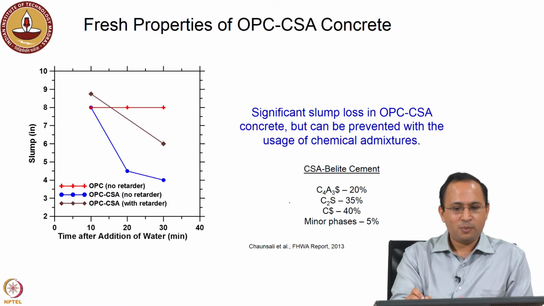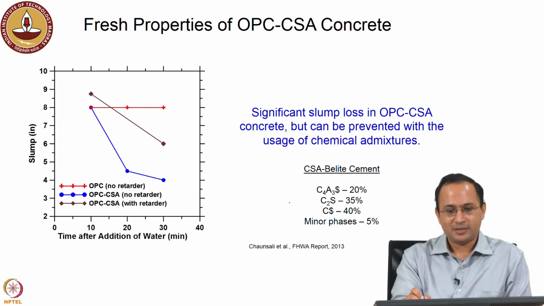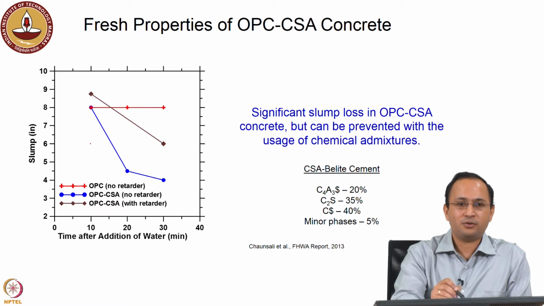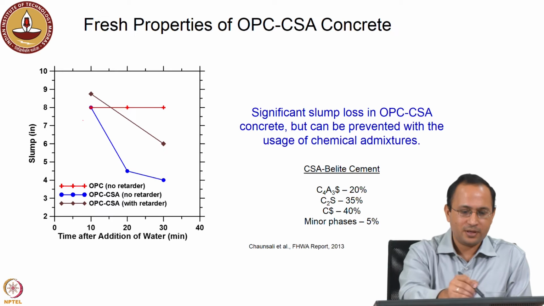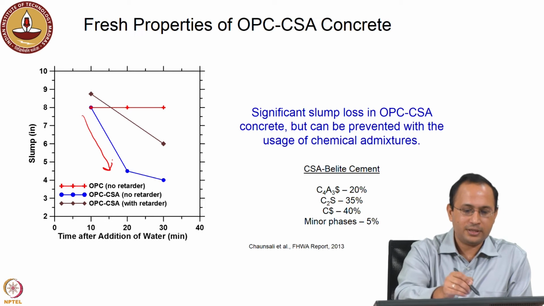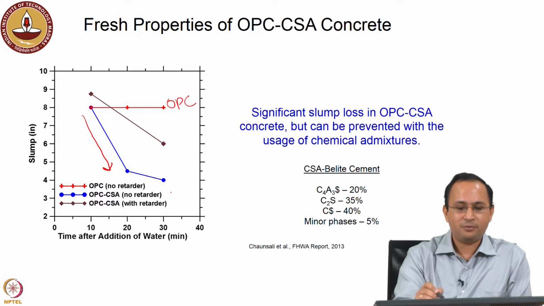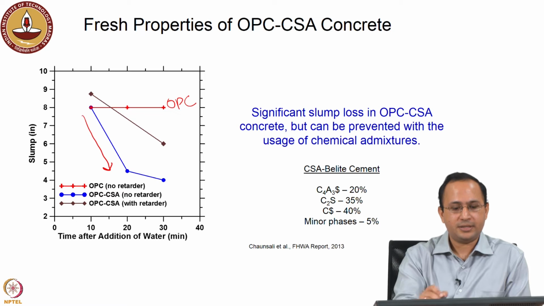So, here, if you make a concrete using CSA cement, because of the formation of ettringite crystals, there is a loss in slump. And if you compare with OPC, right, when you have CSA in the system, there is a significant loss in slump.